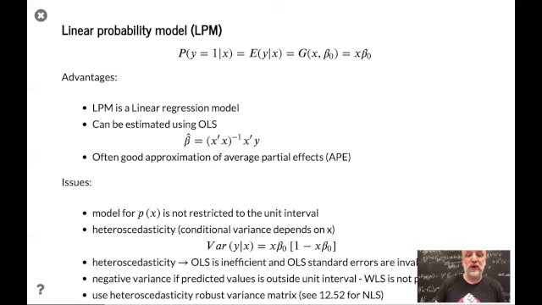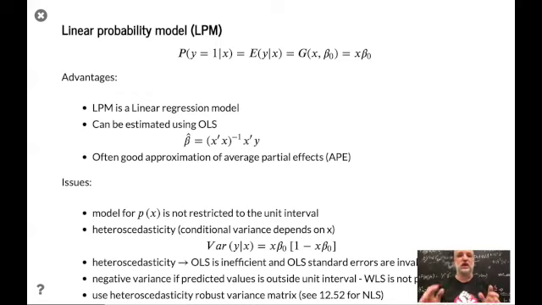So how do we do that? Well, we use OLS. It has a nice closed form expression for the estimator, here in matrix form: x prime x inverse x prime y, where x is an n by k matrix of observations of the k explanatory variables for all the n observations, and y is an n by 1 vector of observed binary outcomes for all the n observations.